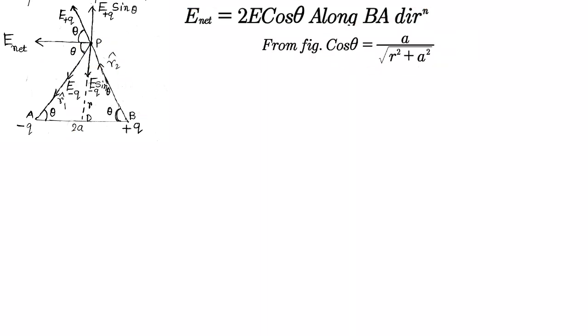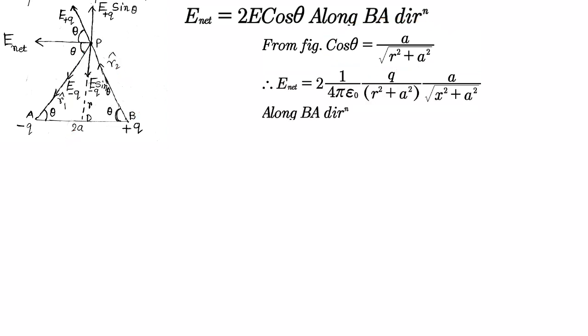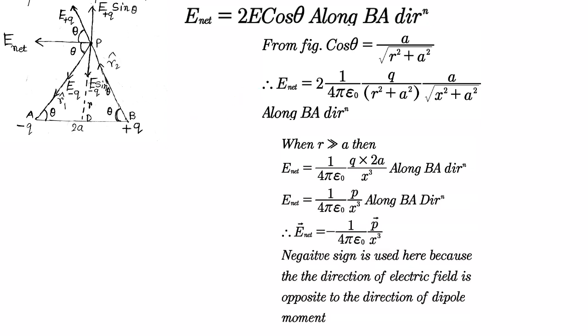Now from the figure, cos theta is equal to a by root over of r square plus a square. Therefore, E net is equal to 2 into 1 by 4 pi epsilon naught into q by (r square plus a square) into the value of cos theta, which is a by root over of r square plus a square. And the direction of E net is along BA.